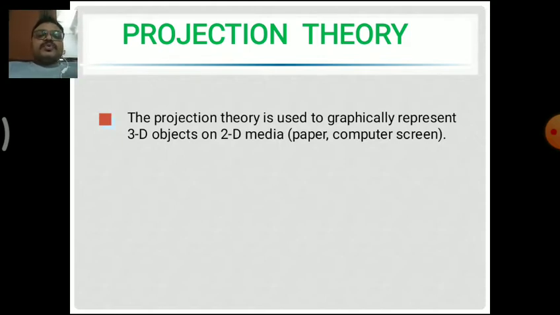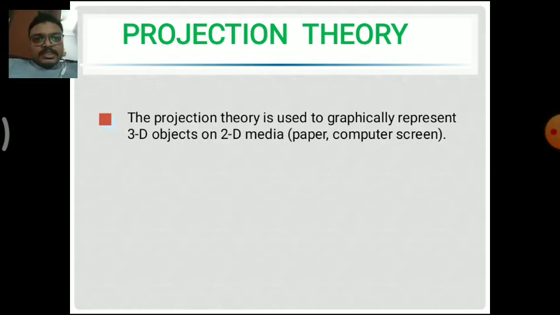But in the 2D media, a 3D object is graphically presented. A 3D object has three different views, that is the front view, top view and side view, either the right hand side view or the left hand side view. So these are projected on a 2D media.